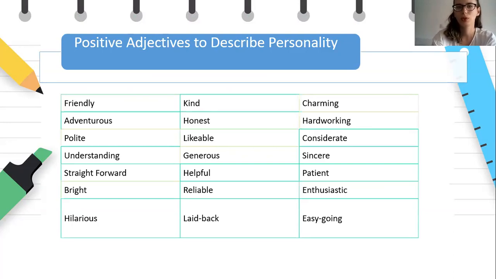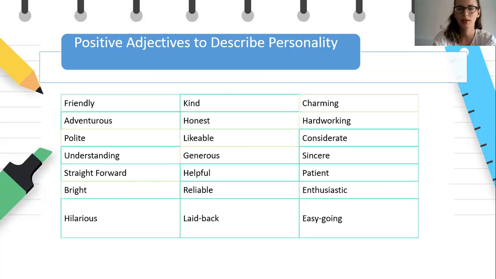Let's move on to the adjectives to describe personality. We have positive and negative adjectives. First, we are going to see the positive adjectives. Here we have some examples.